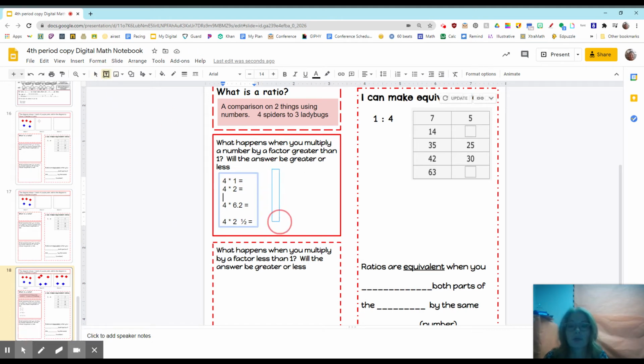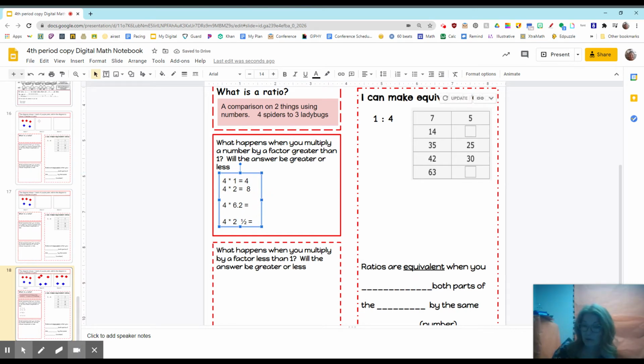All right, then if you have your answers, you should have had an answer of 4 times 1 is 4, 4 times 2 is 8, 4 times 6.2, well 4 times 6 is 24, 4 times 0.2 is 0.8, so I think it's 24.8. Let me get my calculator out.